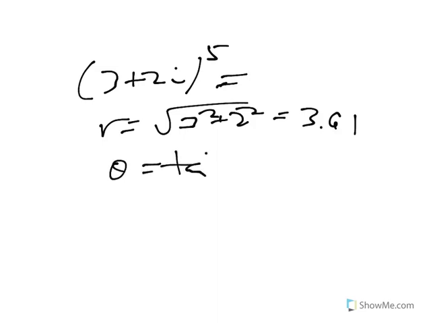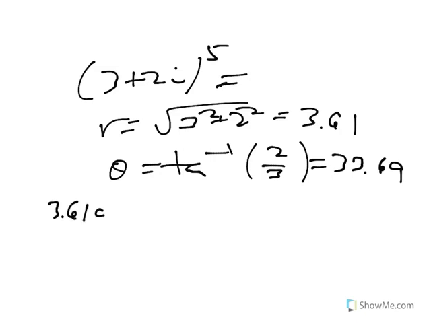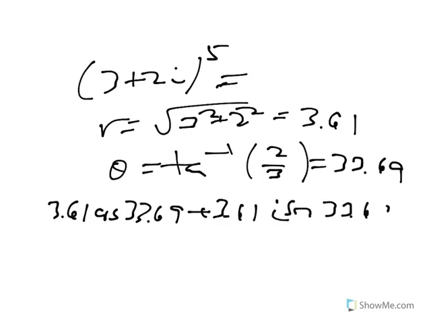Theta is tan inverse of 2/3, which is about 33.69. Be careful if you're in a different quadrant. So I could change this 3 plus 2i to 3.61 cosine 33.69 plus 3.61 i sine 33.69.